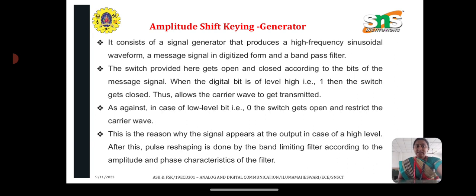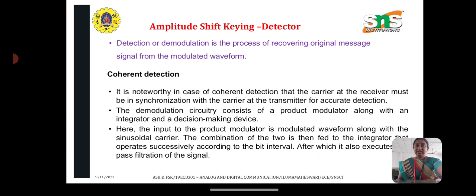This is the reason why the signal appears at the output in case of a high level. After this, pulse reshaping is done by the band limiting filter according to the amplitude and phase characteristics of the filter. Then detection, or demodulation, is the process of recovering the original message signal from the modulated waveform.